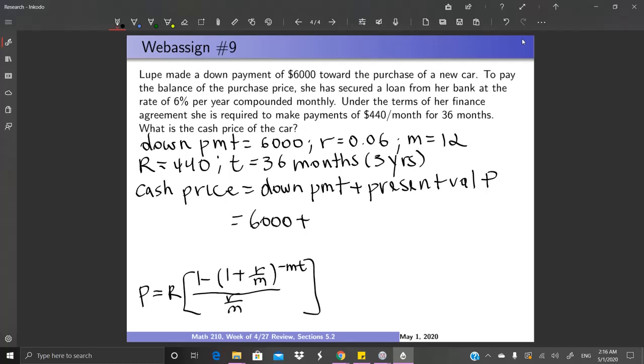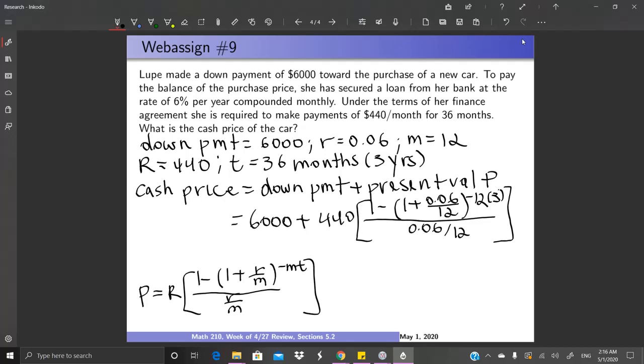All right, so we want to use that formula. Over here, R is 440 times 1 minus 1 plus 0.06 divided by 12 to the power of minus 12 times t, which is 3 years. So that's minus 36 in this case, divided by R over M, so that's 0.06 divided by 12.